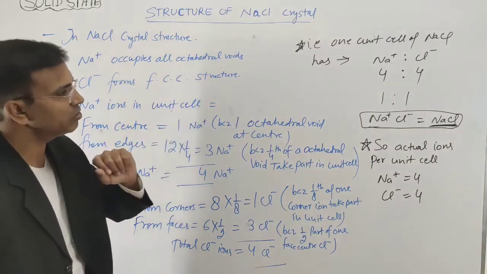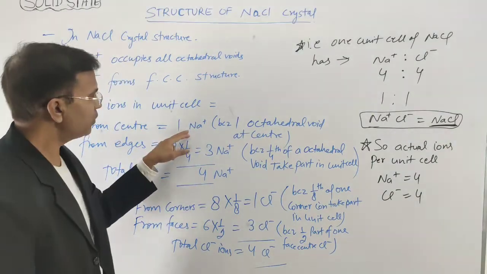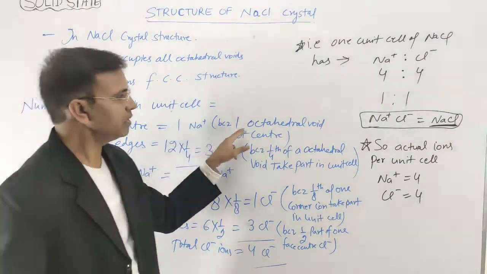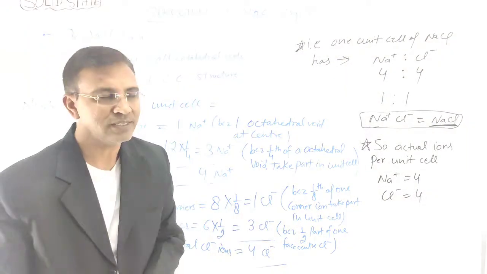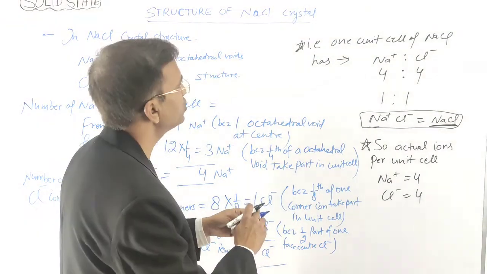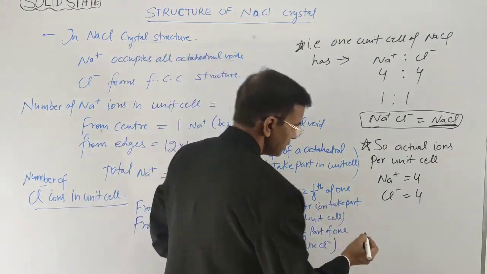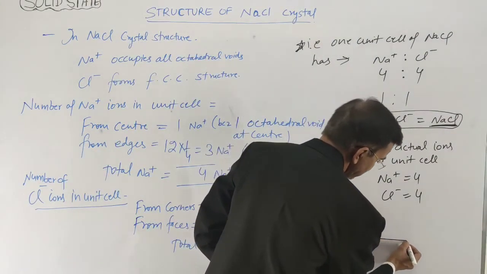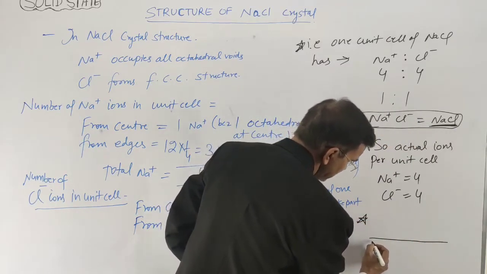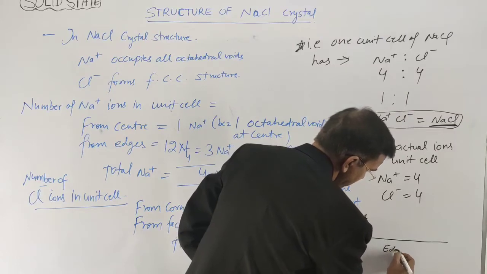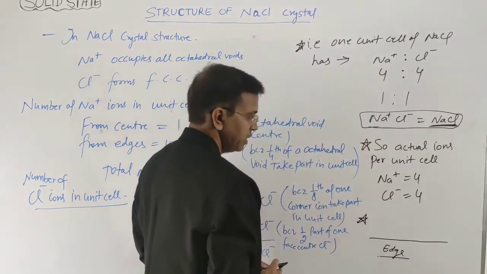One more thing: because Na positive comes in all octahedral voids, if we draw the structure of one edge, this is the edge of the cube.